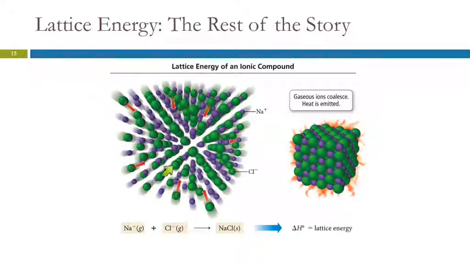So as these come together, their energy is lowered and they release energy into the surroundings as heat. That release of energy is the lattice energy. So we have to put some energy in overall to form the ions, but then when they come together, it releases more energy than it required.